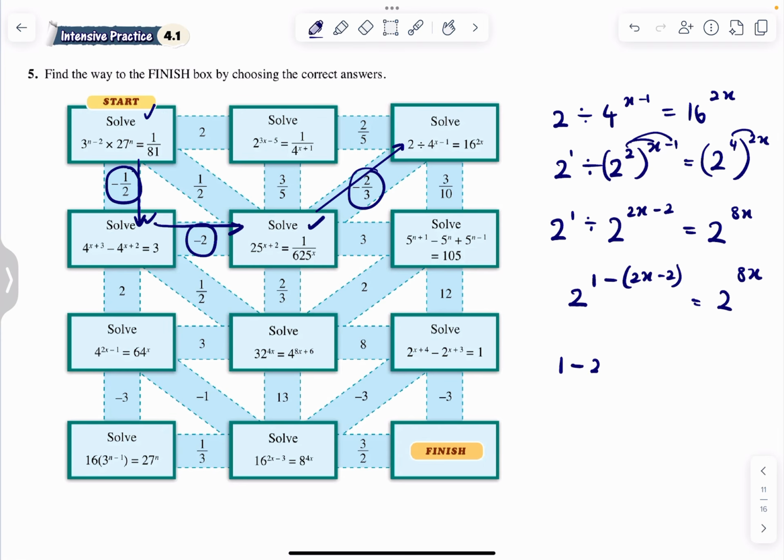So 1 minus 2x plus 2. Okay, I expanded the bracket. Equals to 8x. So negative 2x we bring over the other side. We get 10x. 1 plus 2 is 3. So x is 3 over 10.